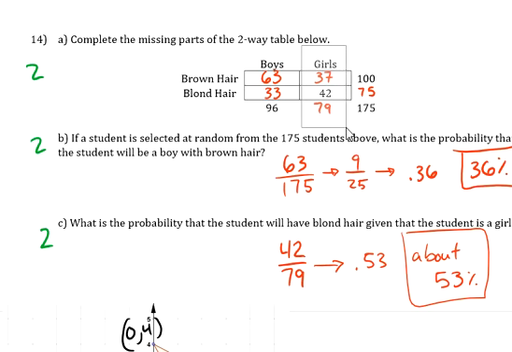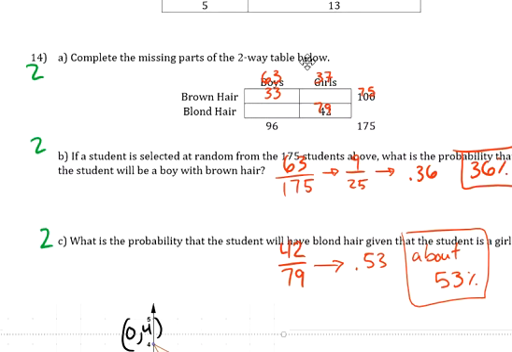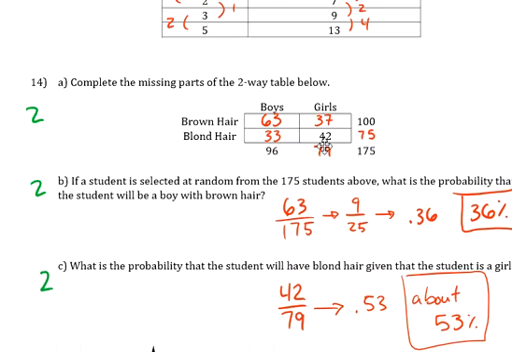So 42 divided by 79 is about 53%. Many of you wrote down 175 there, but the thing to focus on is we're given the fact that the student is a girl. So given that the student's a girl, we're just talking about these 79 students. Those are the 79 girls. So we're looking at 42 divided by 79. So those are the answers.